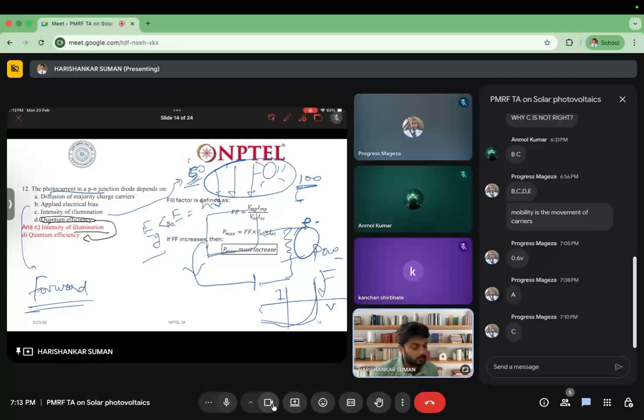Applied bias is not the material quality; it is only related to the barrier height, not the generation of charge carriers. For diffusion of the majority charge carrier, only the minority charge carrier takes part in the current, no? So this is also not it.